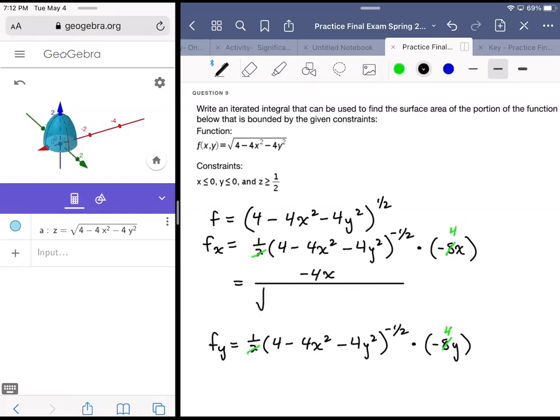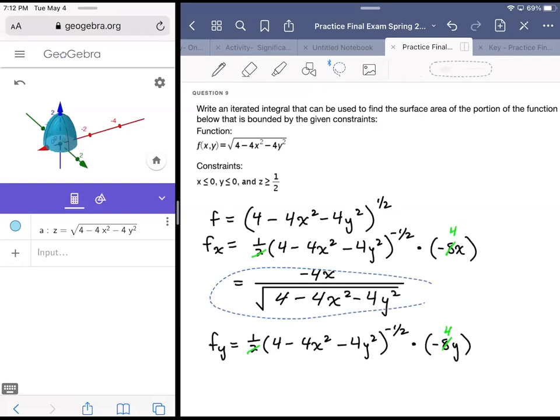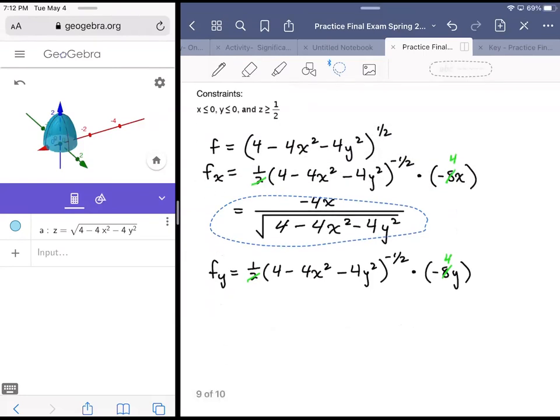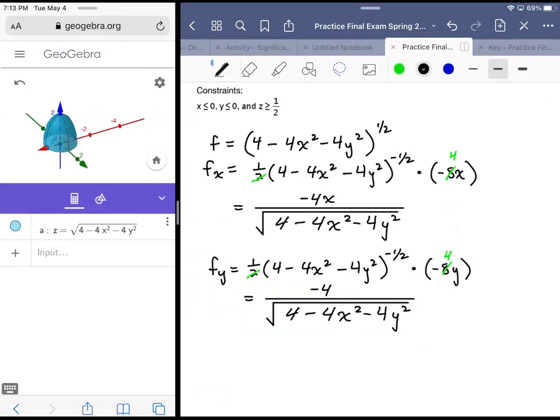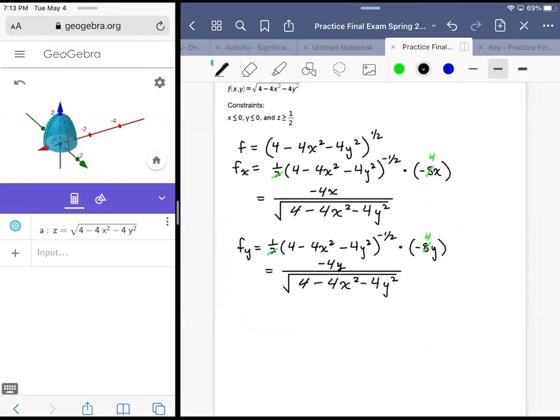On the bottom, we're going to have a radical 4 minus 4x squared minus 4y squared. Same stuff, just with a y for the first order partial with respect to y. All right, so my double integral.